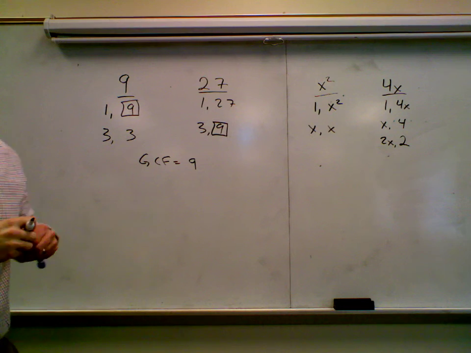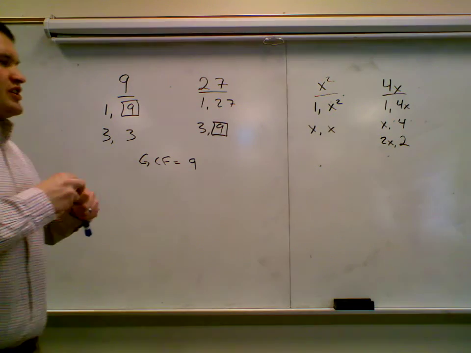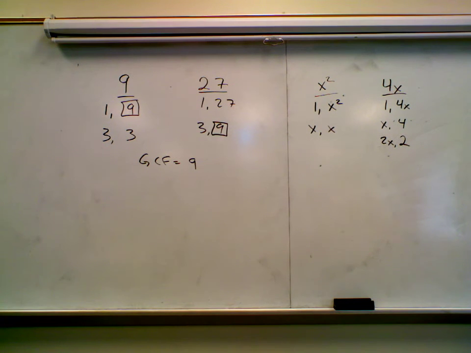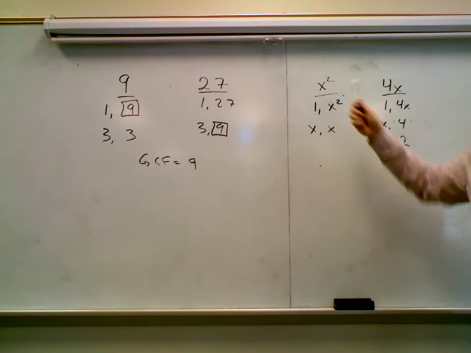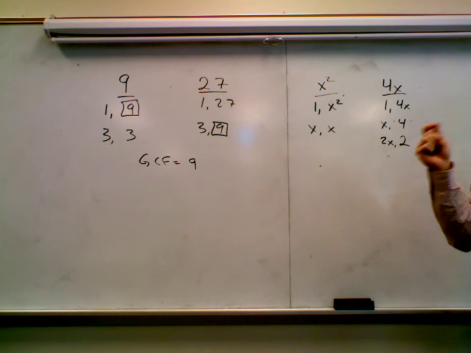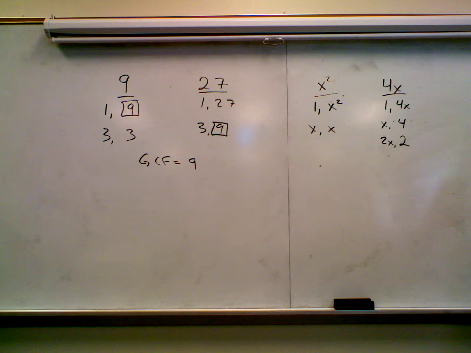Now, when we start putting variables in here, it's hard to say what's the greatest common factor because x doesn't have a value, right? So when we're looking for greatest common factors that involve variables, look for the one that has the most stuff in it. Not just a number, but a number and some variables.